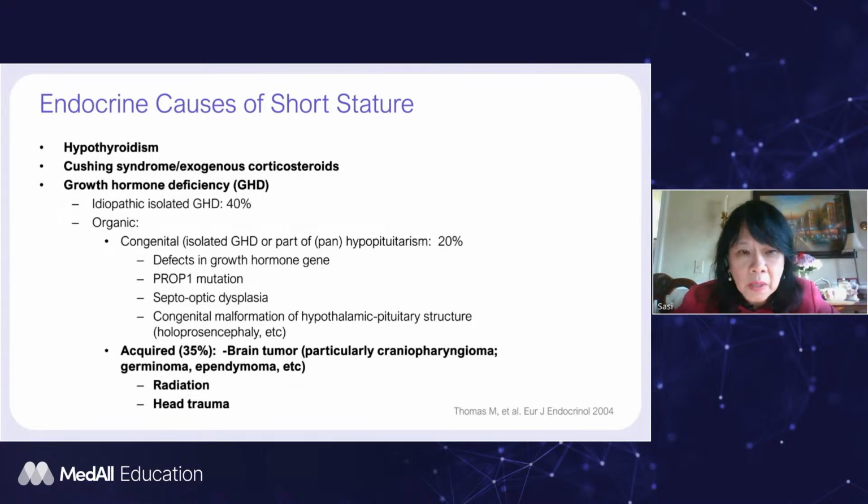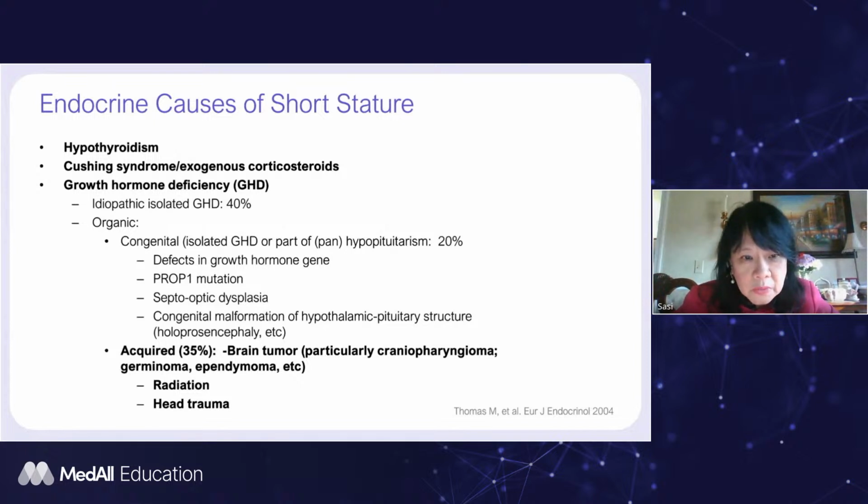That can be caused by defects in the growth hormone gene. One of the common gene defects is PROP1 mutation, and it can be a form of septo-optic dysplasia, which I will explain later. Congenital malformation of the hypothalamic-pituitary structure, like holoprosencephaly, can cause growth hormone deficiency.